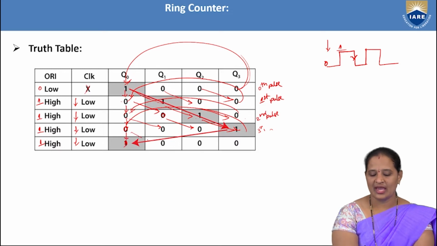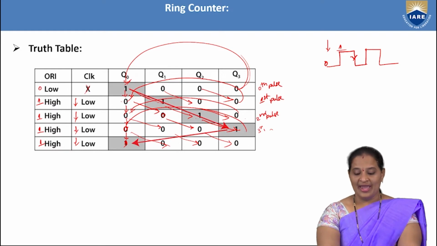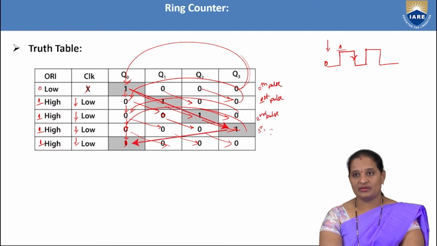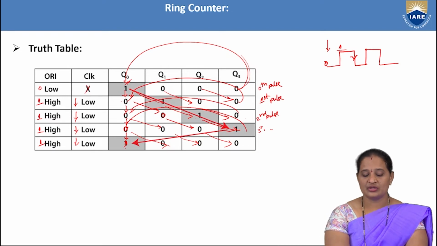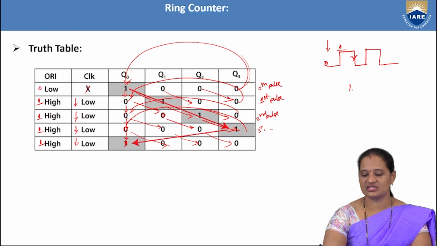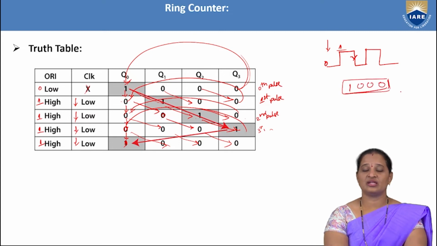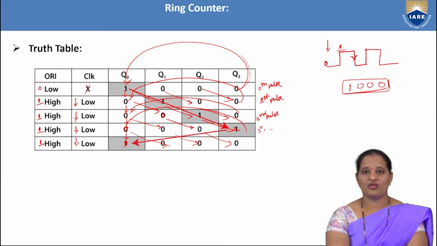So 1, and this is 0, and this is 0, and this is 0. So after 4 clock pulses, what is happening? Again it is reaching its initial state. What was the initial state? 1000.